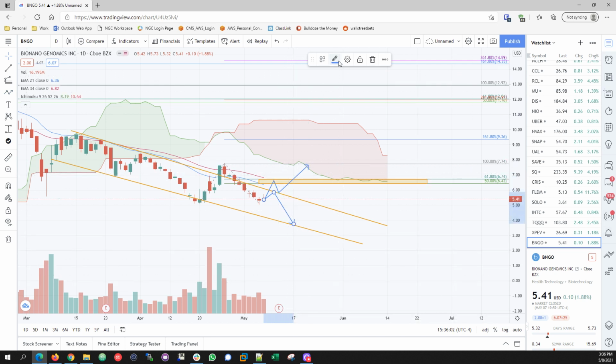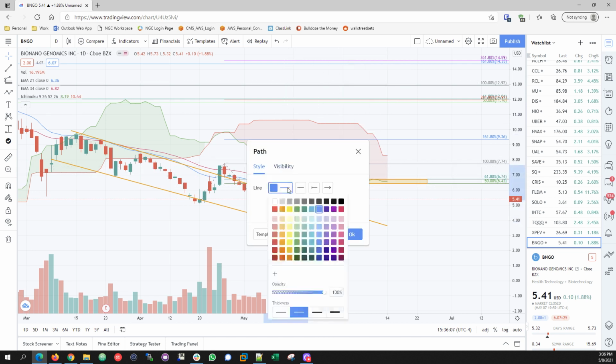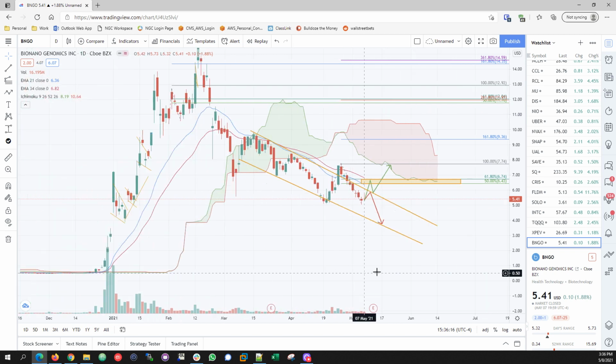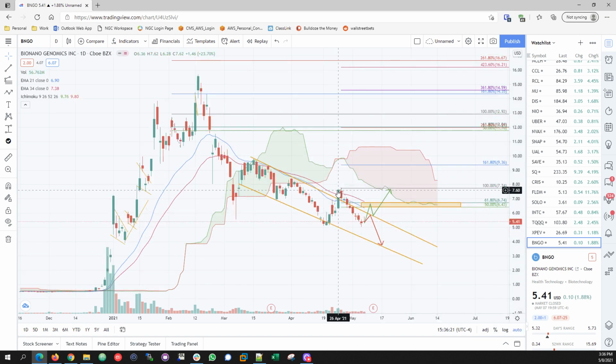I'll mark the negative scenario in red and the positive scenario in green, so you can see both. Either way, not a definitive formation at this moment, and I don't see a clear direction. It's been trending down into a little wedge. If it plays out, it plays out. These are the two scenarios.